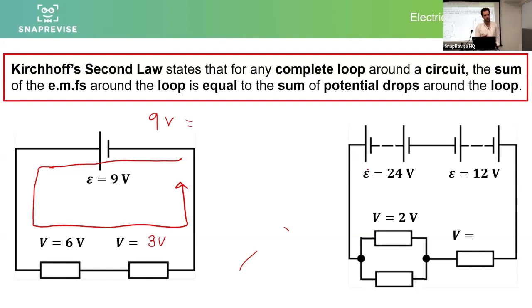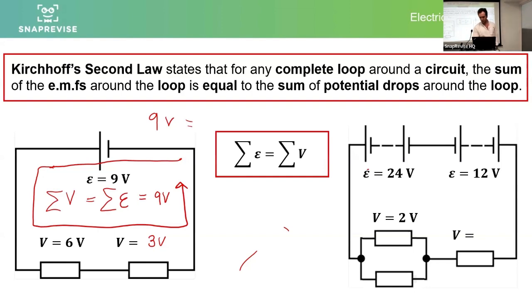Okay, so it's pretty simple when it applies to just one loop. So the sum of voltages is the sum of EMF, and they're both equal to 9 volts. The picture can then get a little more funky, and we will see an example of that when we get to the exam question.